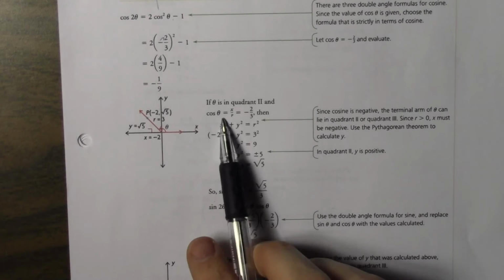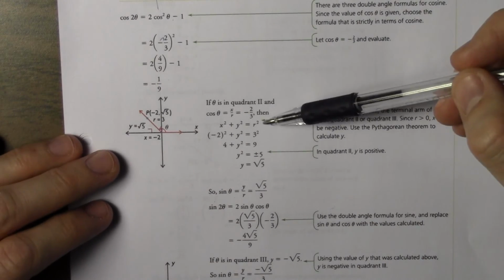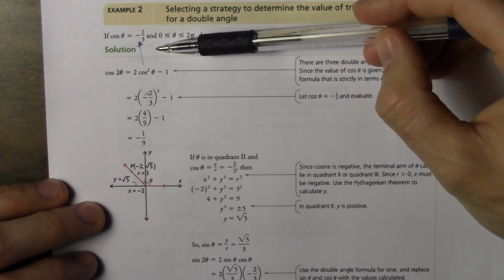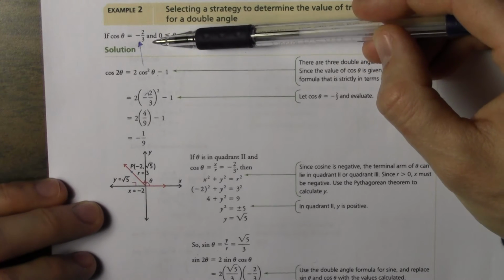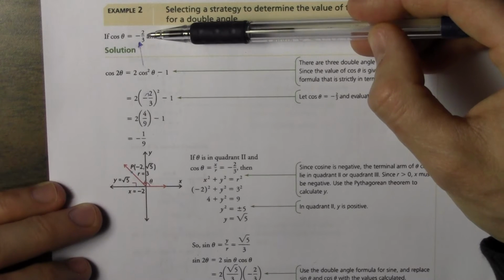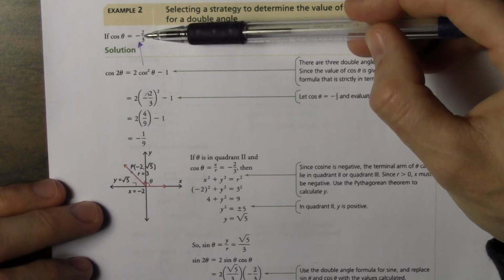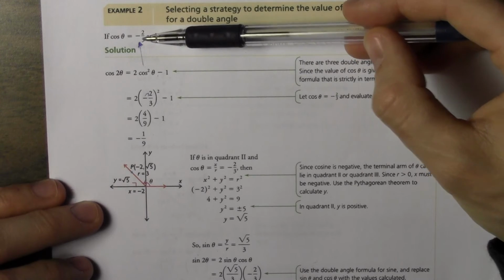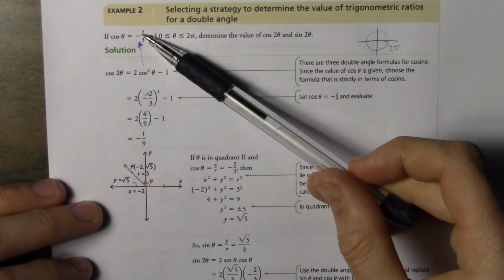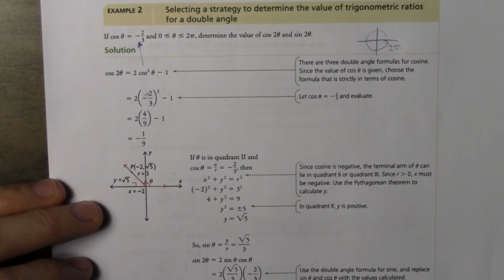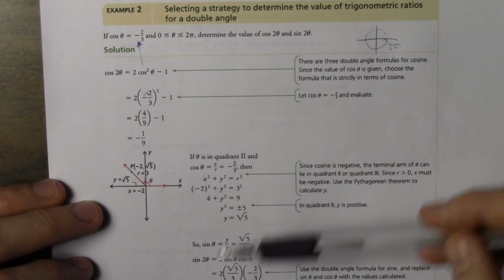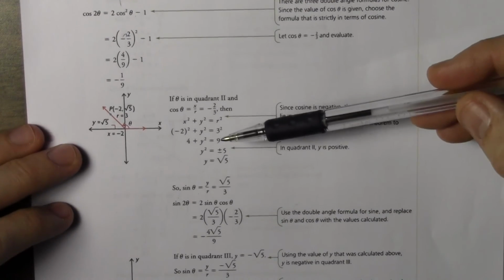If x is in the second quadrant, we need to consider that when we're given a fraction for the trigonometric ratio, the negative sign can either go with the 2 or with the 3. So there are 2 quadrants we need to consider, right? We need to consider when the numerator is negative 2, or the adjacent side, or when the y value is negative. So here are both cases.